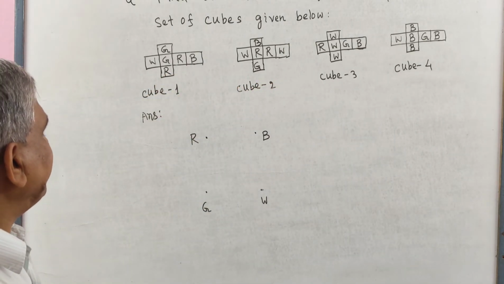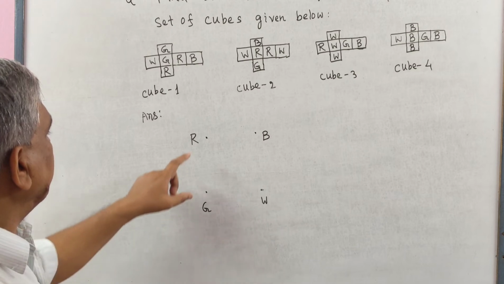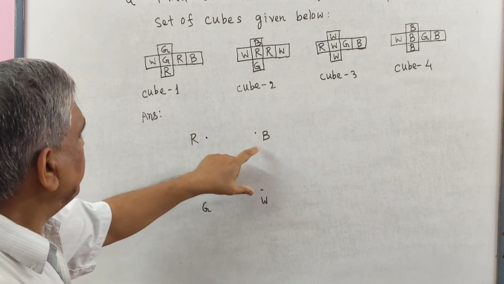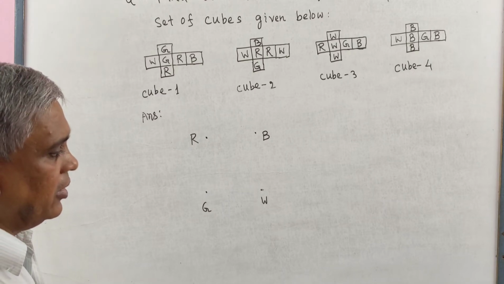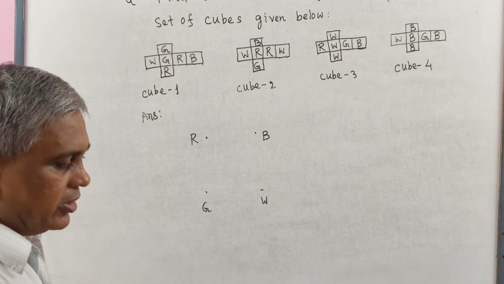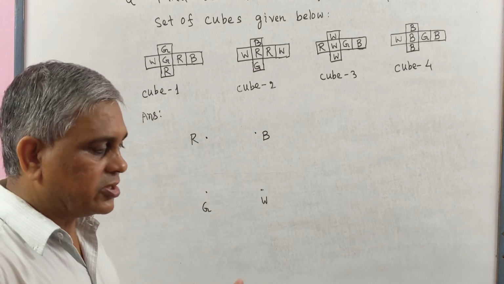Now we draw a graph taking 4 vertices as 4 colors and edges joining the opposite faces.